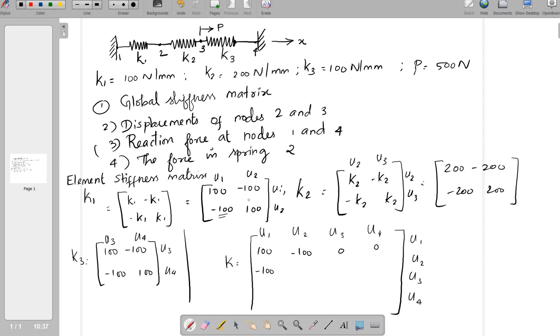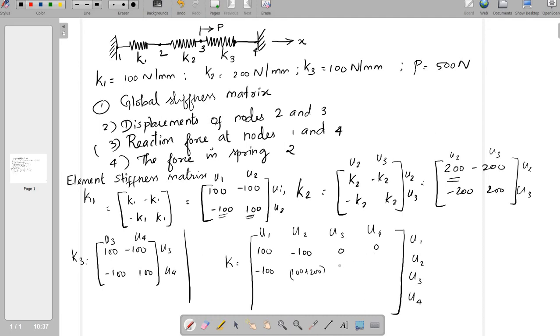Here you will get U2 in two matrices. In the first one, U2 is 100. The next element also has U2, that is U2, U3, so U2 here 200 is also available. So we have to sum up both the values: 100 plus 200.